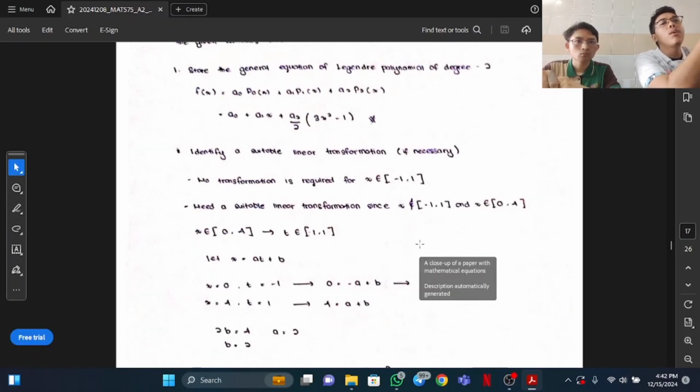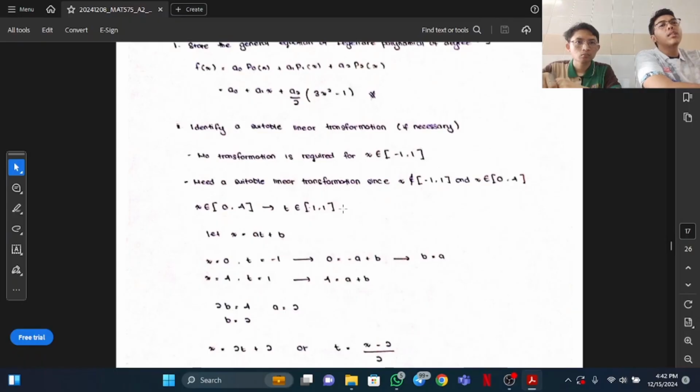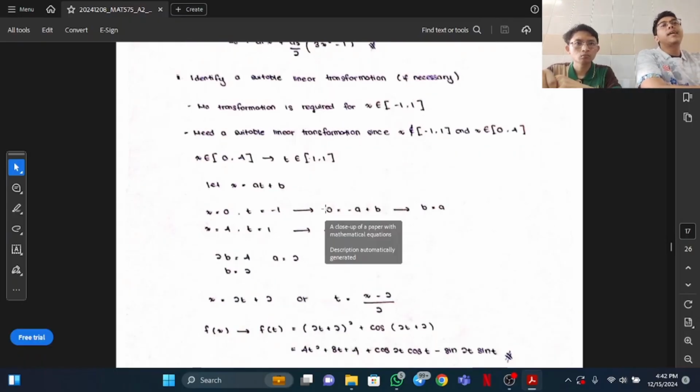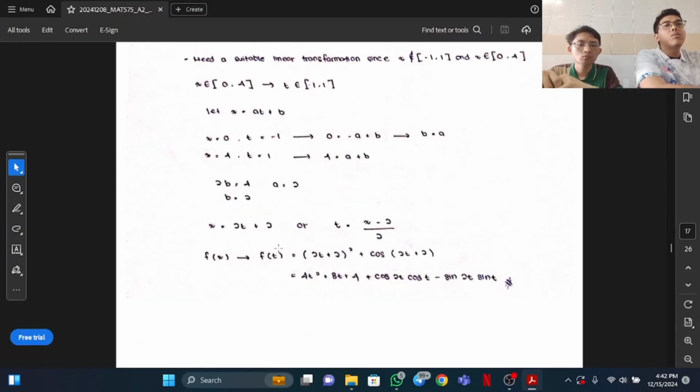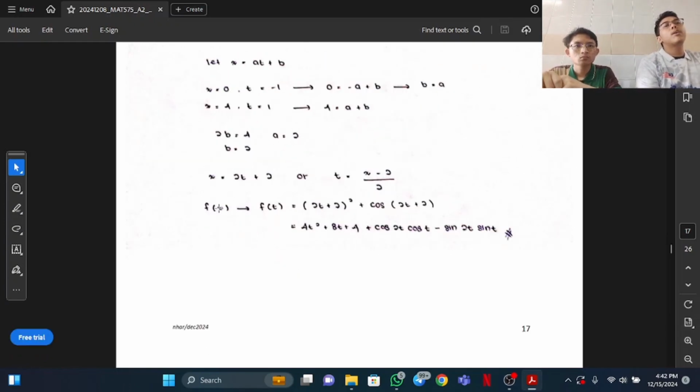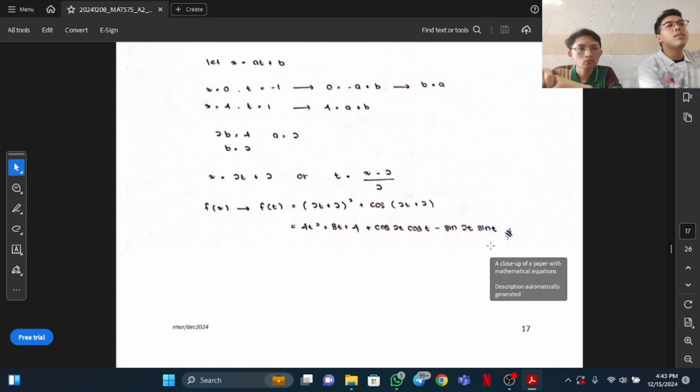So we need to convert our coordinate 0, 4 into negative 1, 1, which is using the formula let x equal to a t plus b, and calculate to get the value of a and b, and then insert it back into x equation, which is we get x equal to 2t plus 2, and we insert back into our fx, convert to ft, which is our final answer will be 4t squared plus 8t plus 4 plus cos 2t multiply cos t minus sin 2t and sin t.